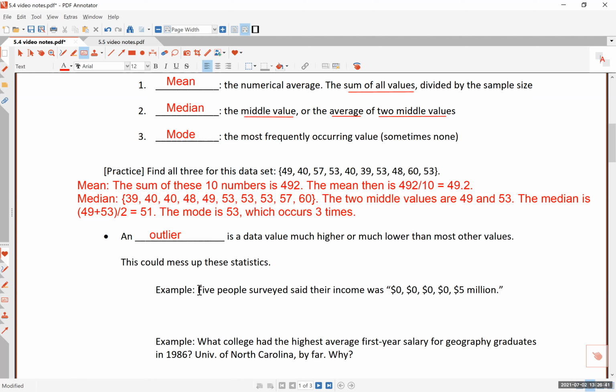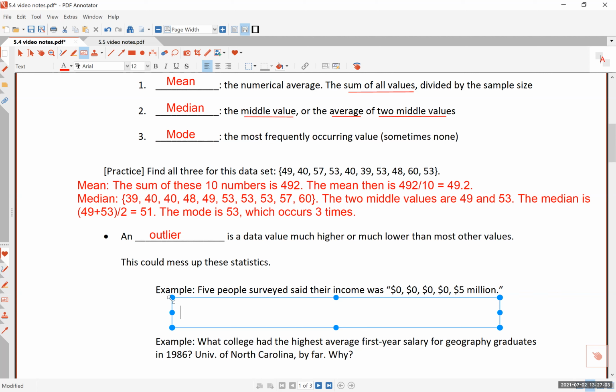Suppose you ask 5 people and the first 4 were unemployed last year, but the last one happens to be a movie star, and that person made $5 million. So the answers you get will be 0, 0, 0, 0, and 5 million. You have 5 numbers, so it's a data set of 5 values.